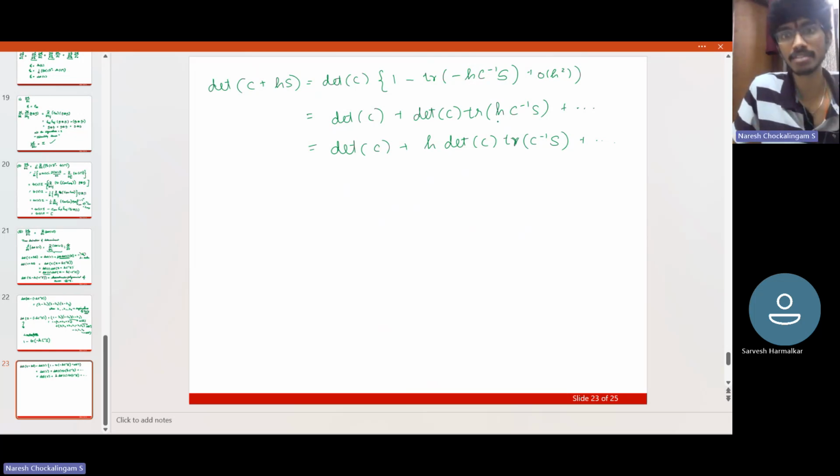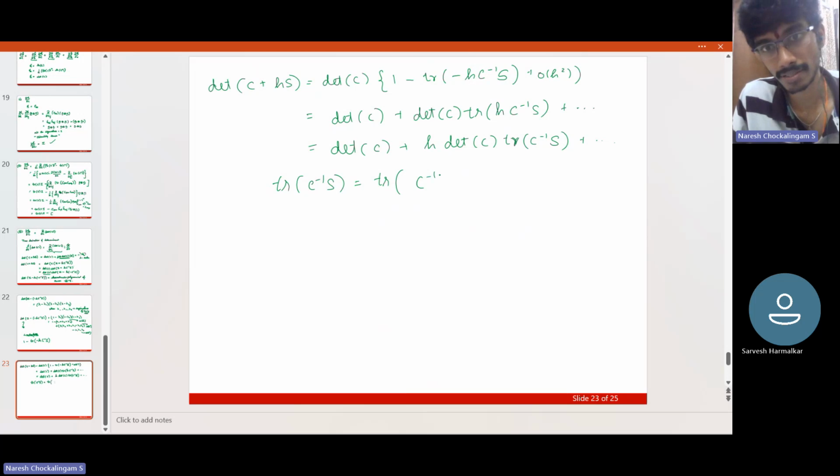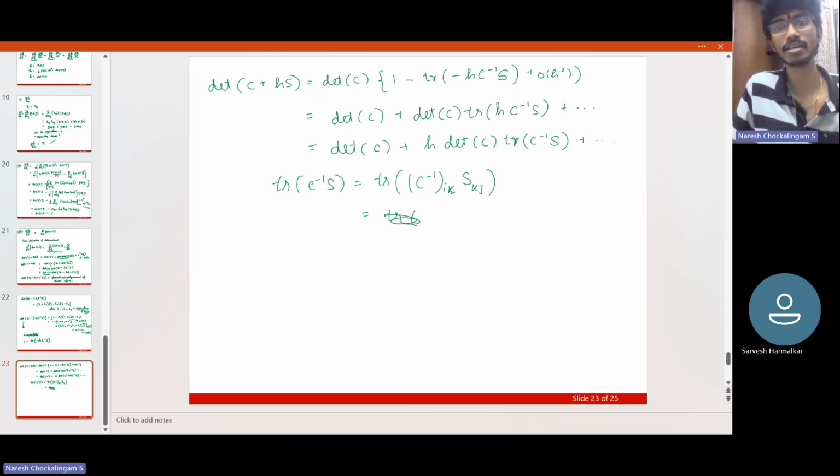Again, what is trace of C inverse S? Trace of C inverse S is nothing but trace of C inverse IK SKJ, this is the ijth component. Trace means you can contract i and j, so you get C inverse IK S KI, but C inverse IK is nothing but C inverse transpose KI, times S KI.